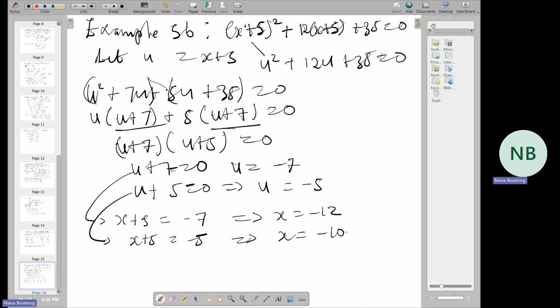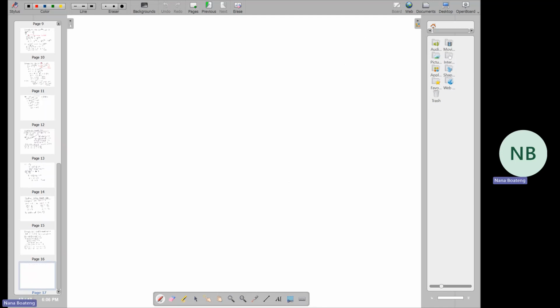And we can test whether these solutions are true or not by substituting the x values back in the original equation. So for example, let's test the first one.